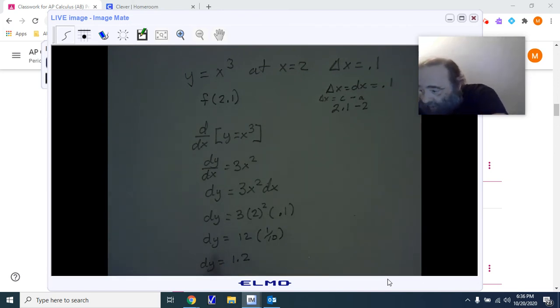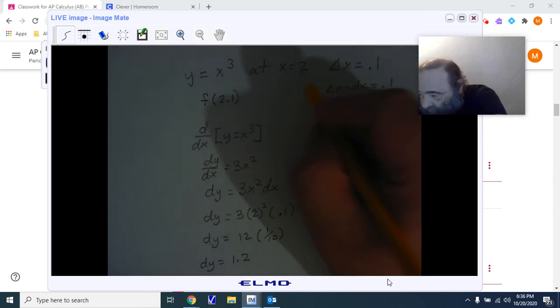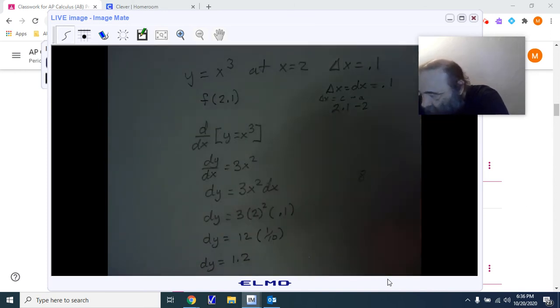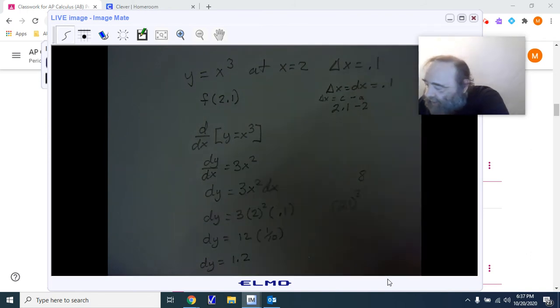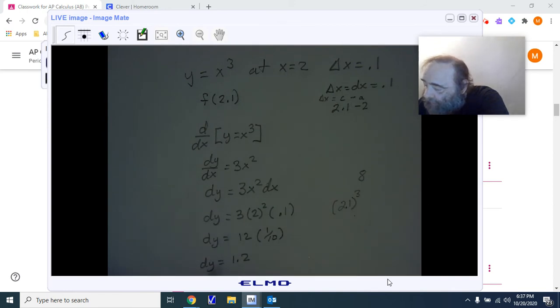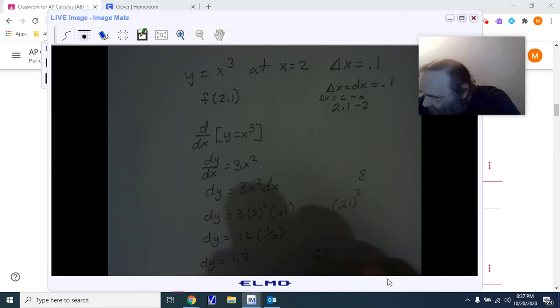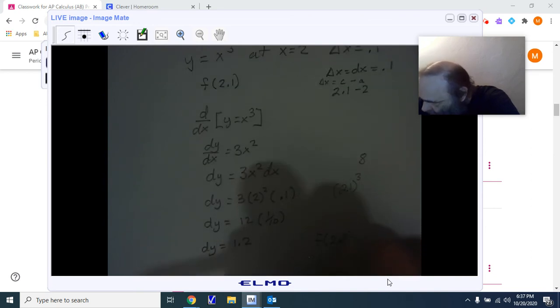Now, we know that we started at 2, which gave us 8. And if we plug in and go to the actual 2.1, we're looking at 2.1 cubed. We would have to find out what that is in order to find the difference. But we're approximating our actual value of f of 2.1 at 9.8.